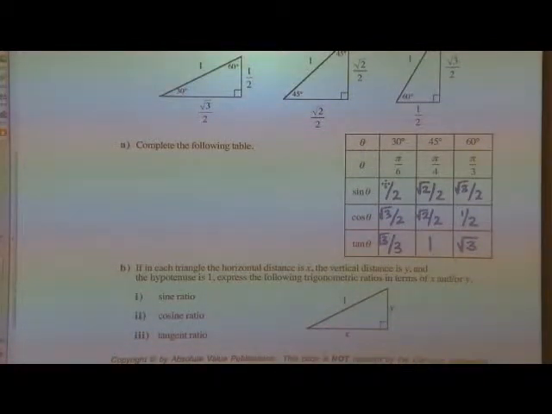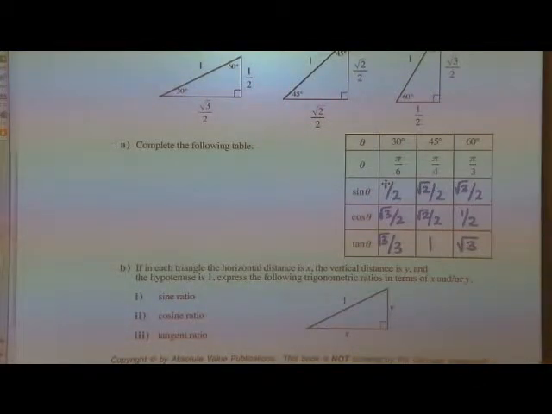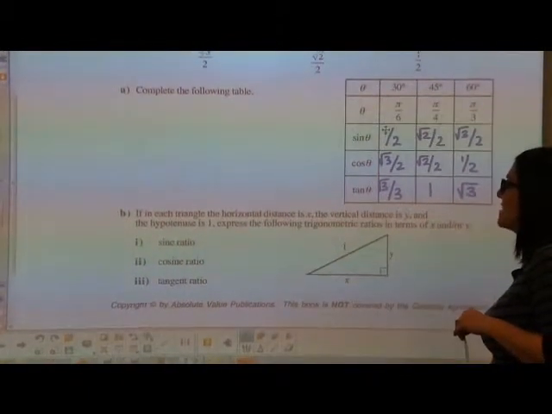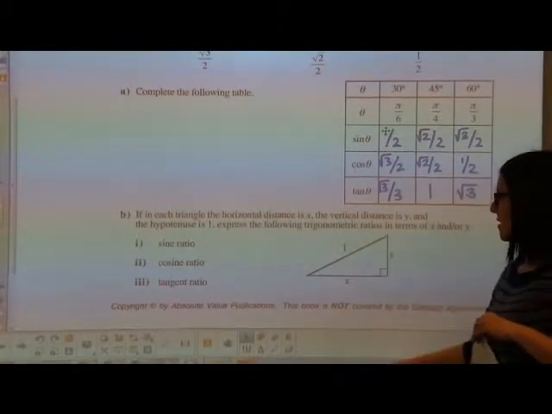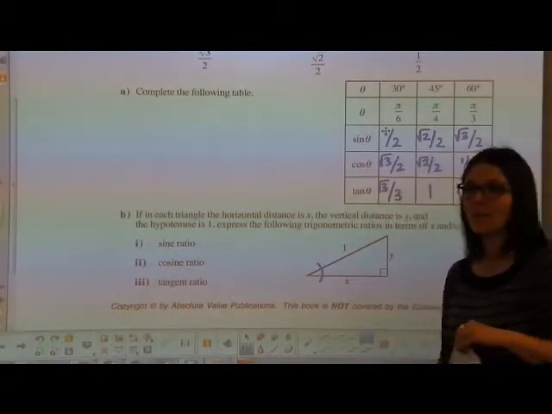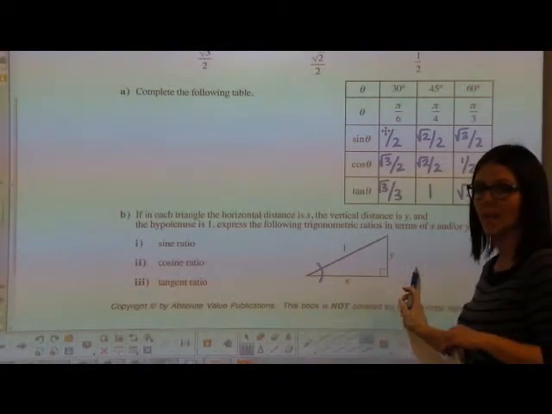And now if I look at this triangle that has a horizontal distance of x, a vertical distance of y, the hypotenuse is equal to 1. So if I had to express the sine ratio, sine is opposite over hypotenuse. What would I get?